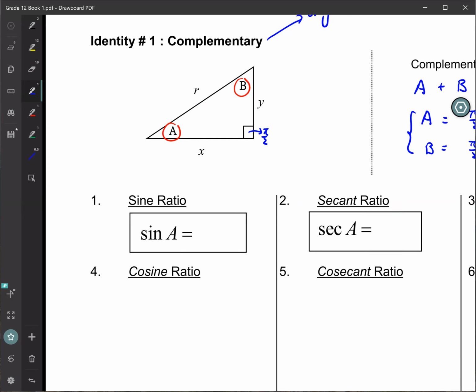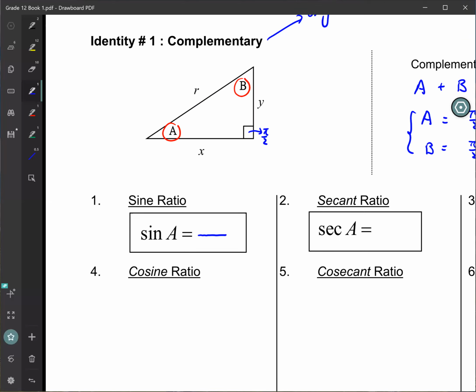So SOH represents which side over which side? It's opposite over hypotenuse. Okay, so if you look at the picture now, can you tell me which one is the opposite, which one is the adjacent?